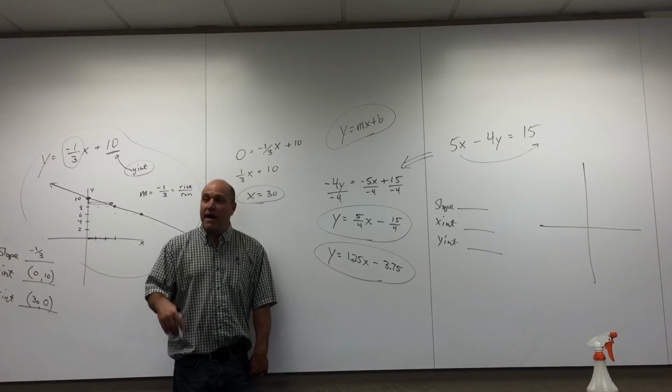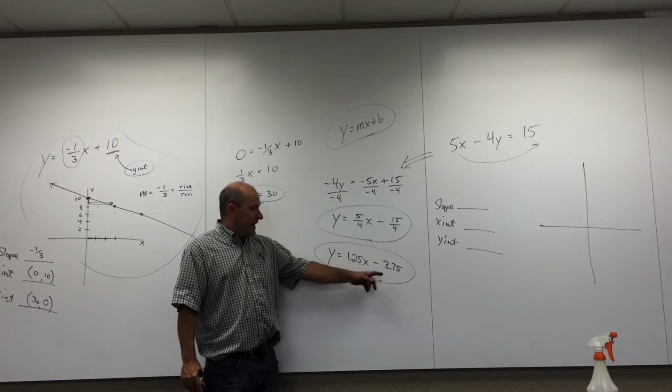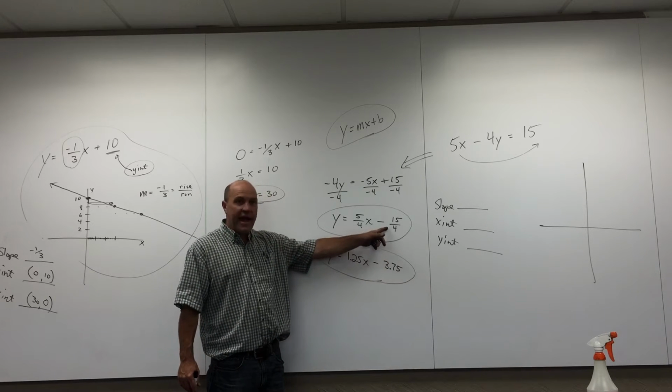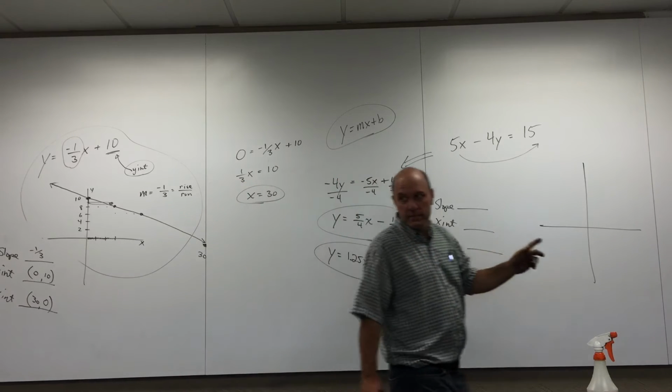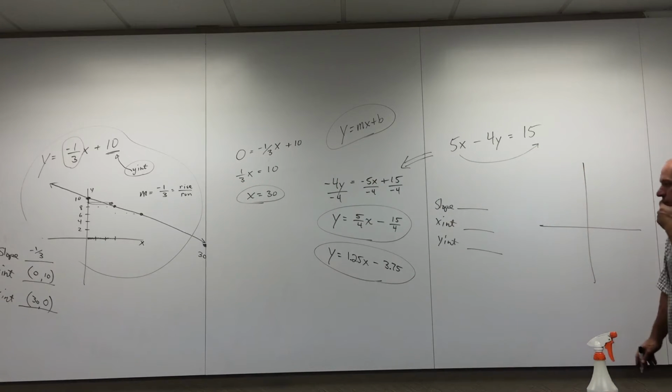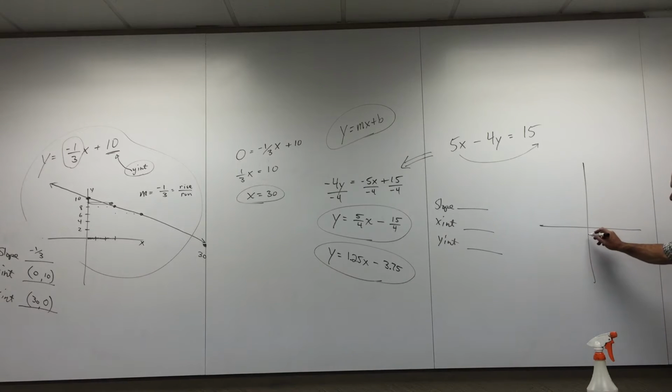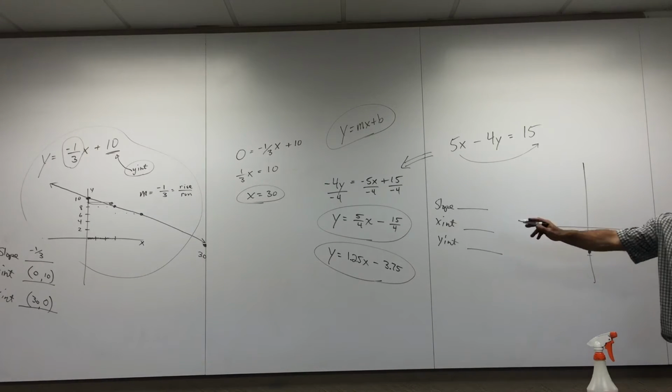If I want to start with my y-intercept, I can see that better than I can see that. I know where it is. My y-intercept is -3.75. Is that okay with you? -3.75 is my y-intercept, and the slope is 1.25.